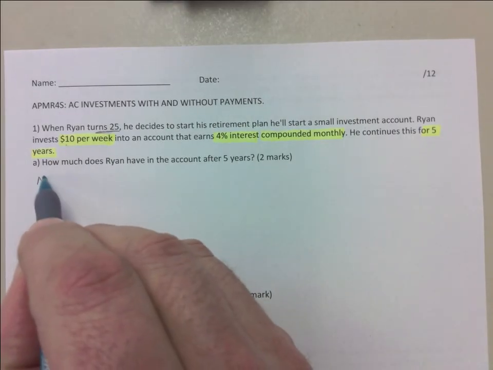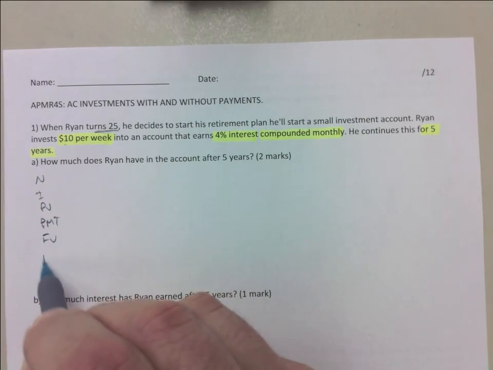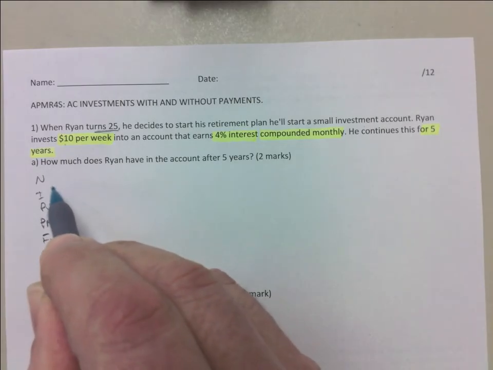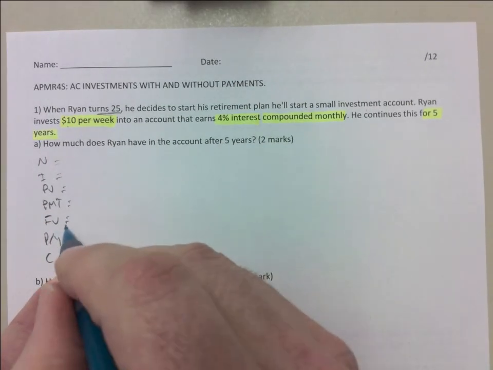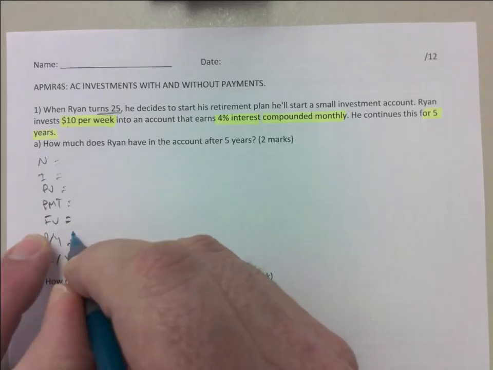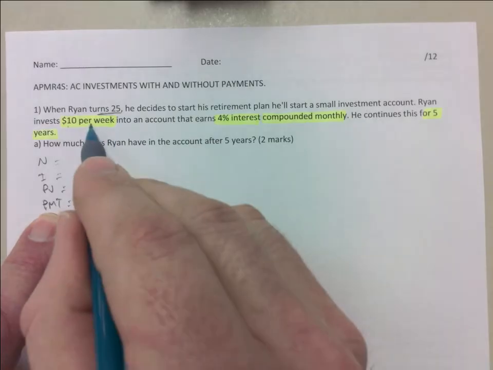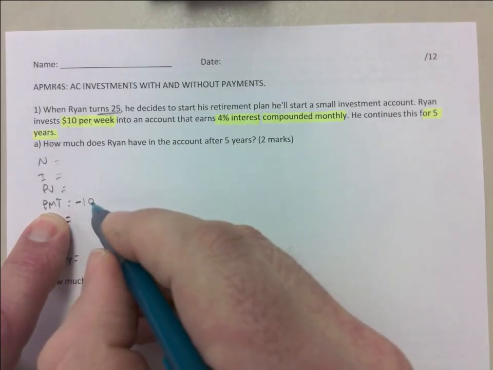So let's start. N, I, PV, PMT. You're already done, so give me a break, okay? I'm not as fast as you think. So I will suggest figure out if there's a PMT, if there's a payment, and there is. It's $10 a week. It's negative 10, right? You're giving it to the bank.